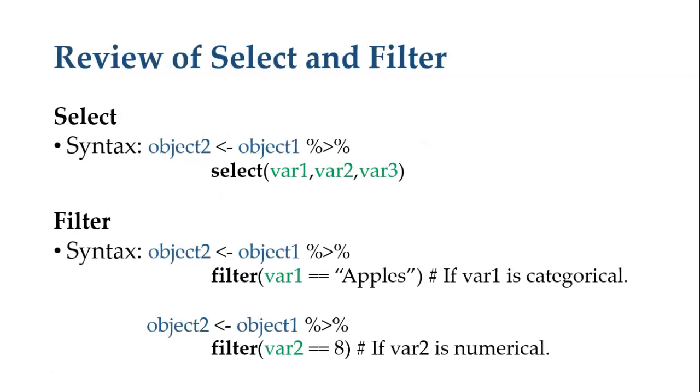Okay, let's review select and filter. I'm gonna be more careful to give you all that is necessary to write these functions in a correct way. I'm gonna focus much more on the syntax, okay? For instance, in this example, I'm gonna highlight with blue color that an object is, in this case, a data frame, okay?